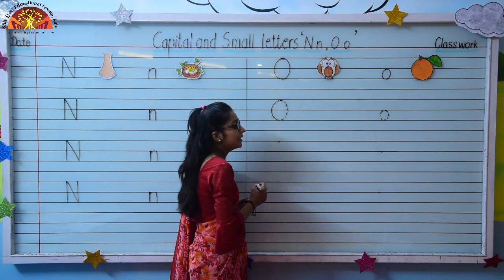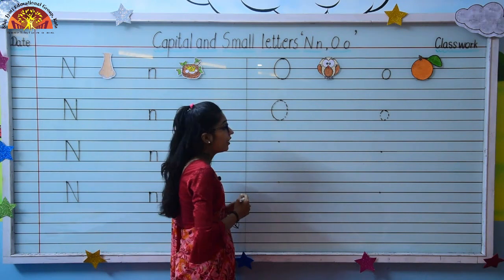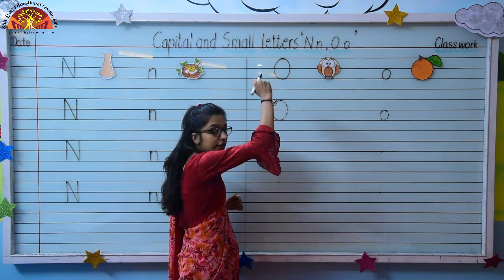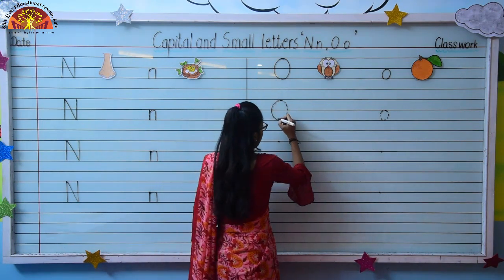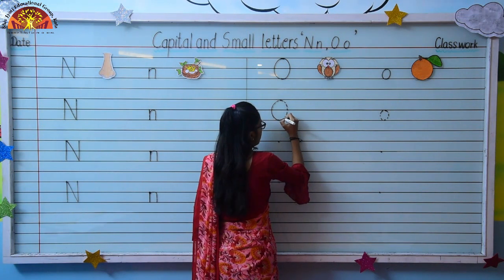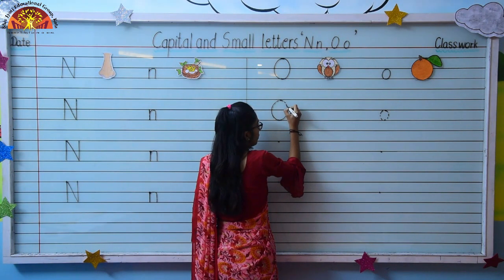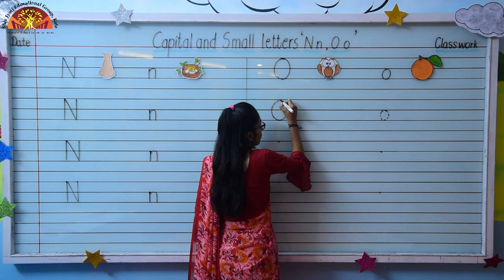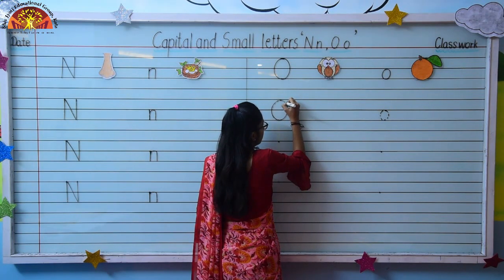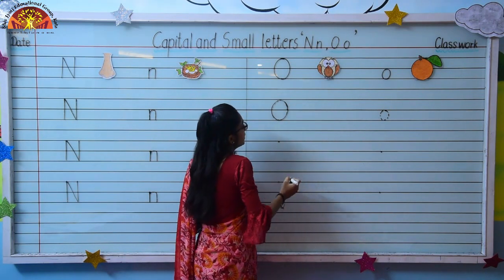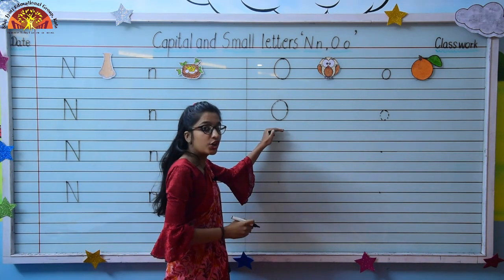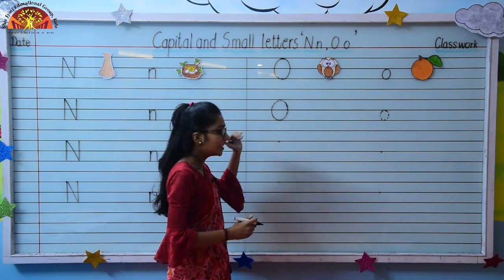Touch this line. Then one more long curve in the opposite direction and join. Like this. This is capital letter O. Now let's write on the dots.